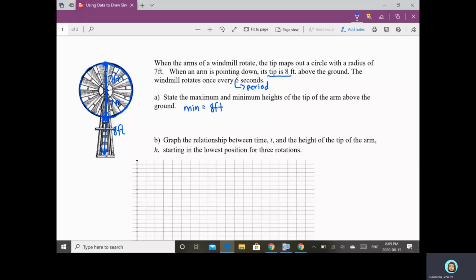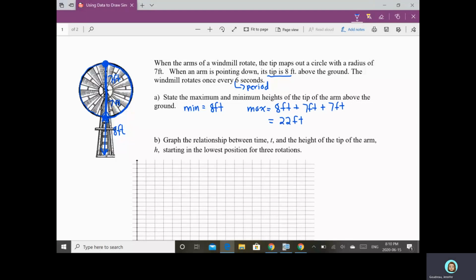So when we're looking at the maximum height of the tip of the arm above the ground, we will take into consideration the distance that the arm is above the ground, plus the first radius of 7 feet, plus the second radius of 7 feet. 8 plus 7 plus 7 is 22 feet above the ground. So be really careful when you're calculating the maximum and minimum heights. It's not just coming from the radius or the diameter of the circle. You have to put into consideration how high above the ground the object is.